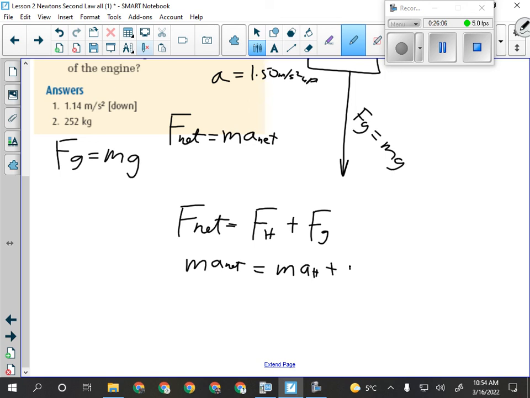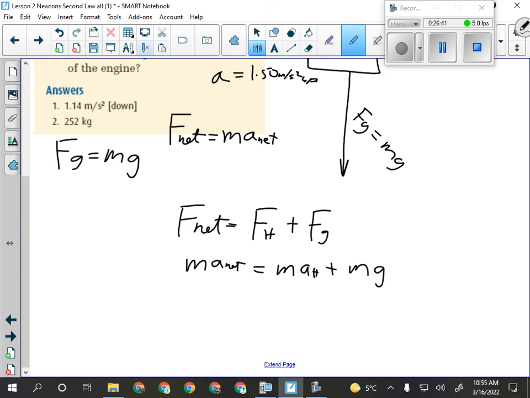And gravity is mass times acceleration due to gravity. In every question we've done, the acceleration and the net force have always had the same vector. Agreed? And that's true for those other forces too. Force of the hoist is up, the acceleration the hoist would produce would be up. Force of gravity is down, acceleration due to gravity is down. What's in every one of those terms right now? Mass. It's in every term.